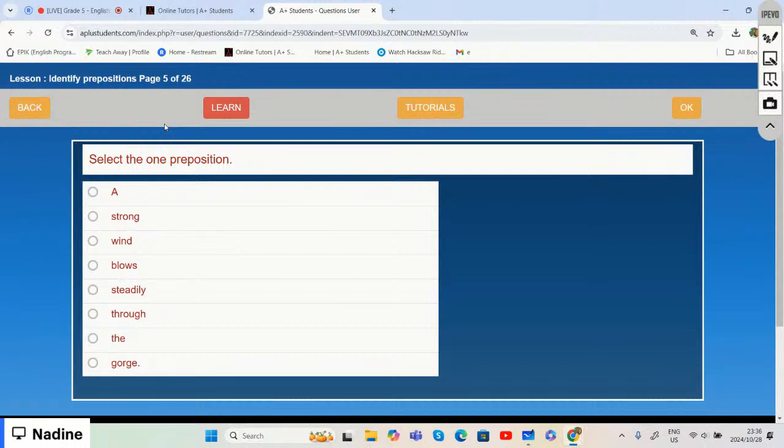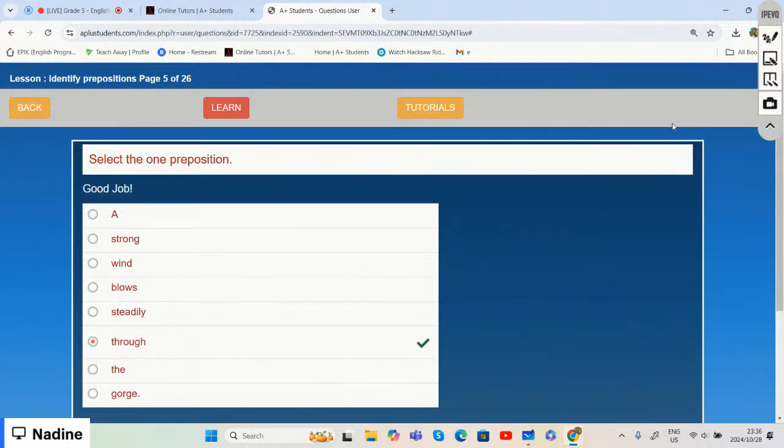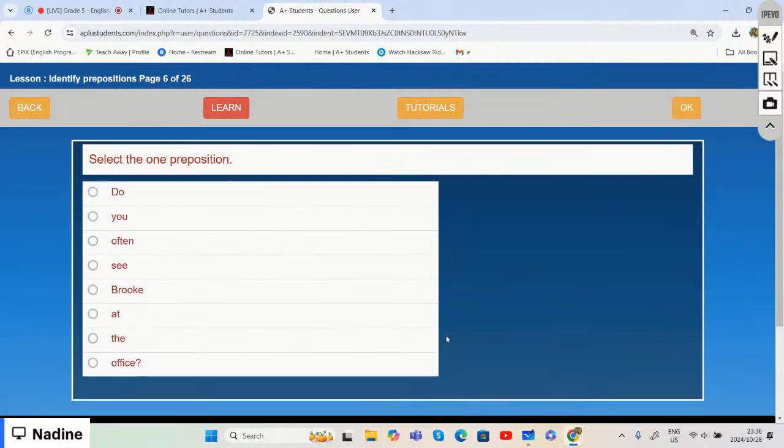Yes, and if we were to select the preposition within the sentence, then it is through. Well done. Option 6, through is our preposition within that sentence.